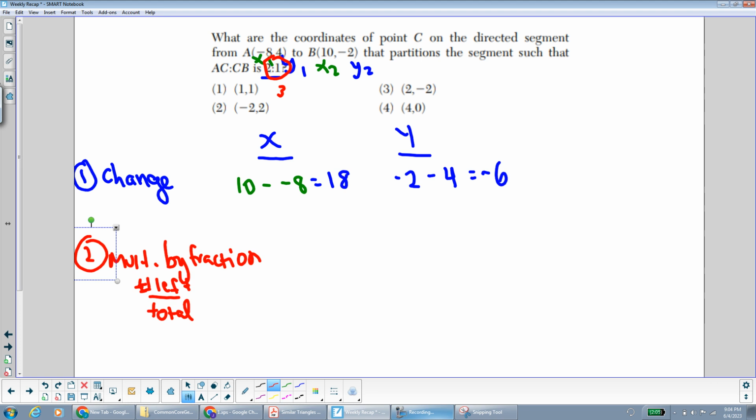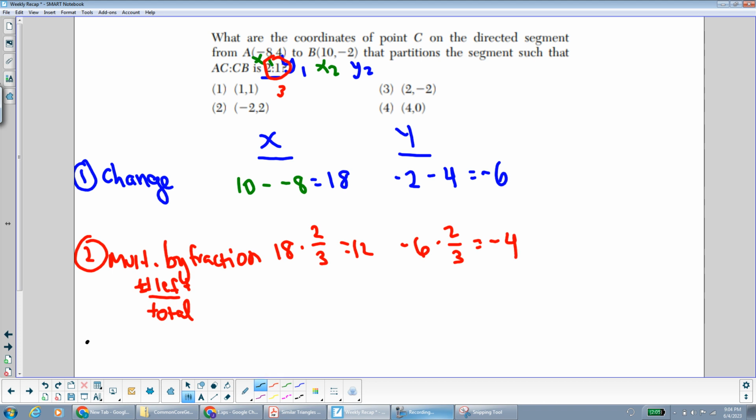So the fraction that we're going to be using is 2 over 3. I'm going to take our 18 from step 1 and multiply by the fraction we just created, and take my -6 from step 1 and multiply it by the same fraction. So 18 times 2 over 3 would be 12, and -6 times 2 over 3 would be -4.